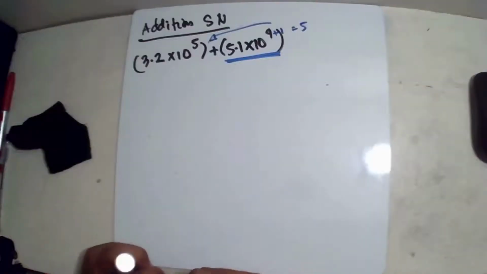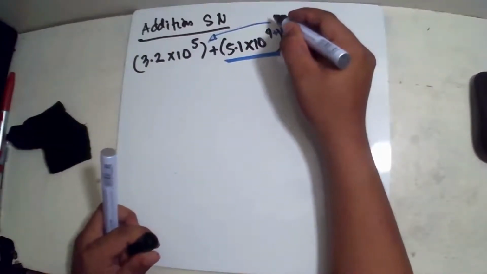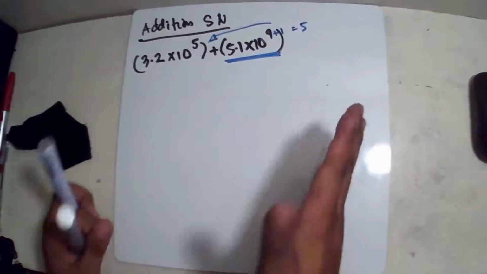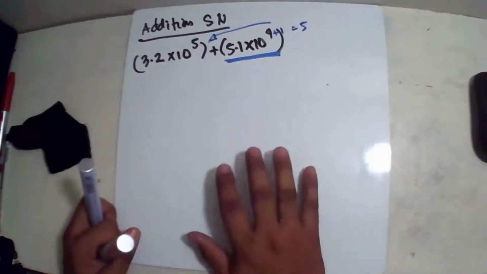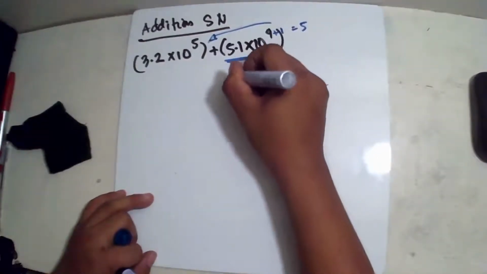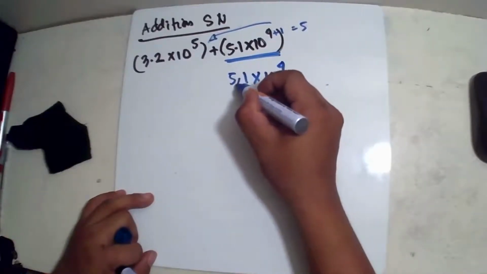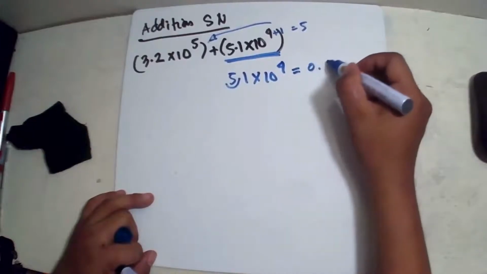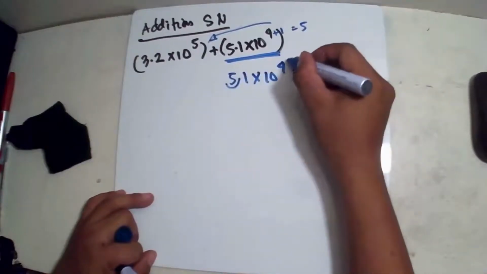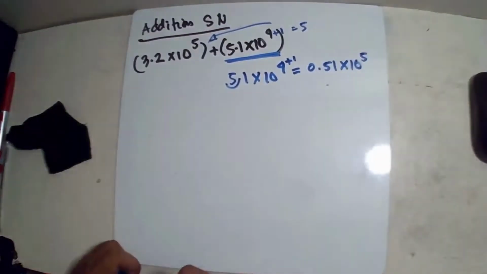For you to add one to the existing exponent, you really need to move the decimal point to the left, as we discussed in our scientific notation a while ago. So I just have to write here 5.1 times 10 raised to 4. I will move the decimal point here, so this expression becomes 0.51 times 10. How many movements do we have? Only one. So you add that movement into the exponent, so this becomes 5.